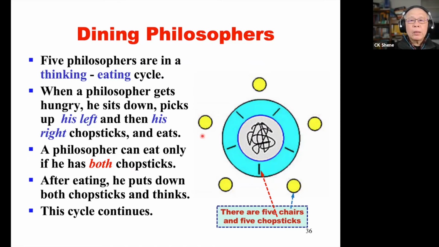If his right is available, he gets it. Then this philosopher eats. After eating, he puts down both chopsticks and leaves, assuming that these chopsticks will be cleaned magically. If after getting his left chopstick the right one is not available, he waits until this right one becomes available sometime later.